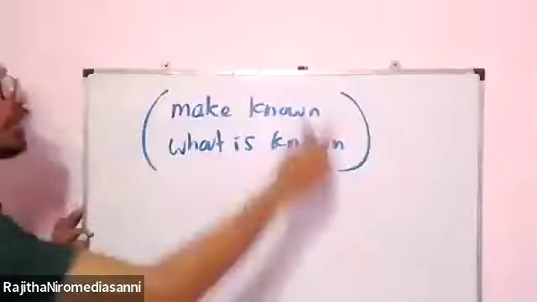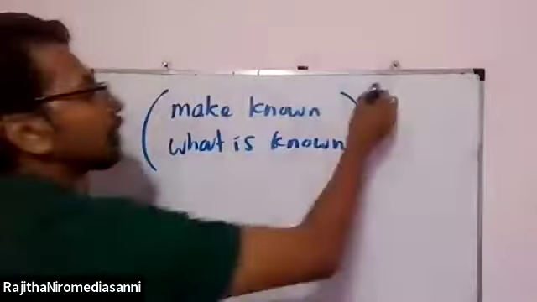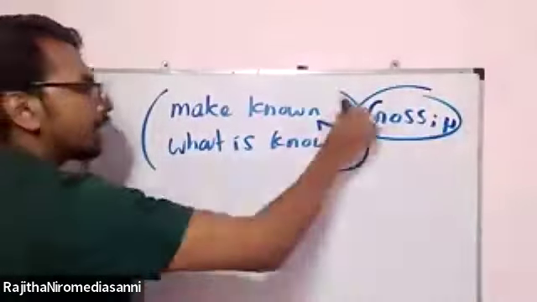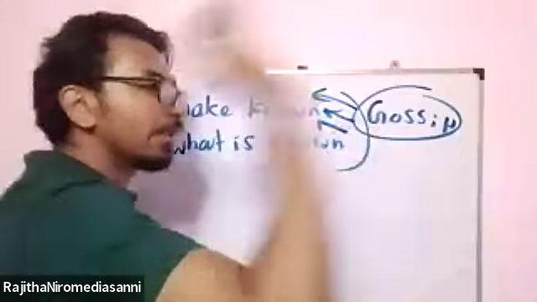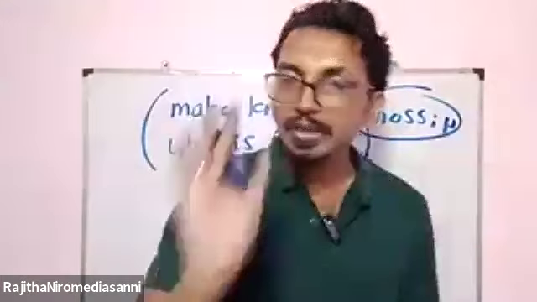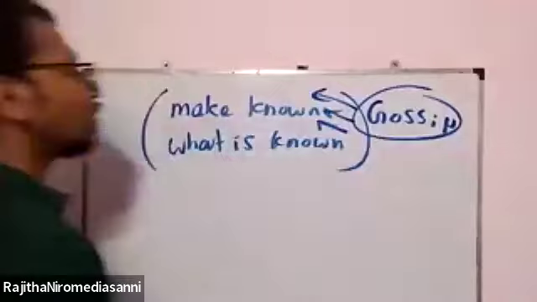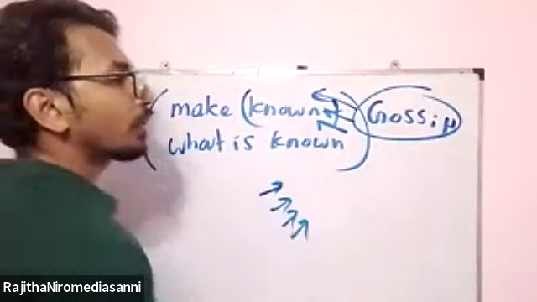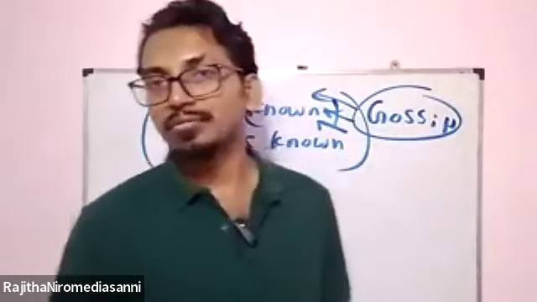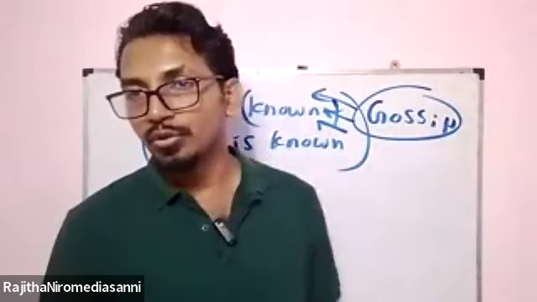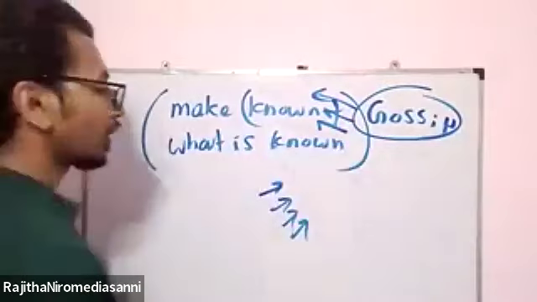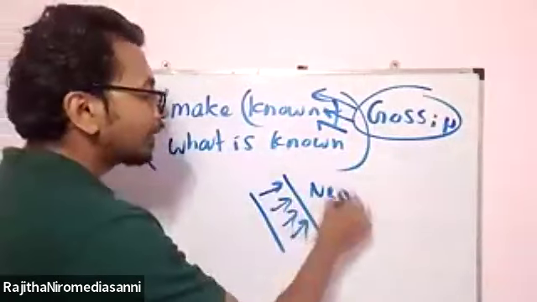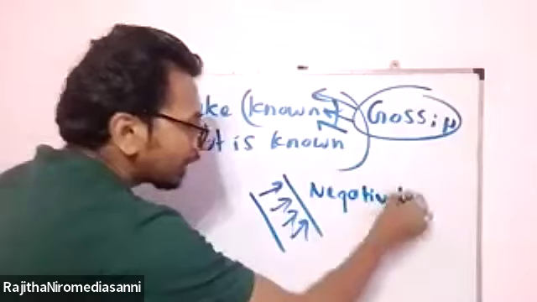So make known what is known means if you know something and it's gossip, please don't share that kind of thing because gossip means not reliable. It's an informal thing, not the formal thing. If you share some gossip, you also support that informal point. It's not a good thing, because it's really badly negative for society.